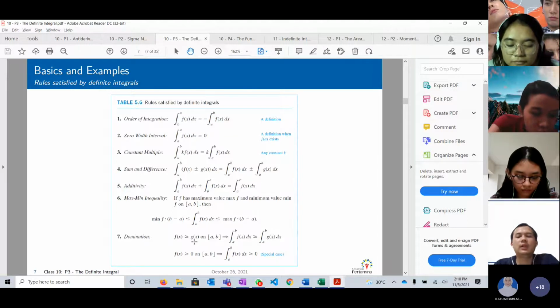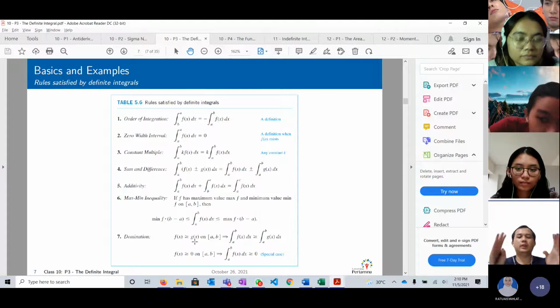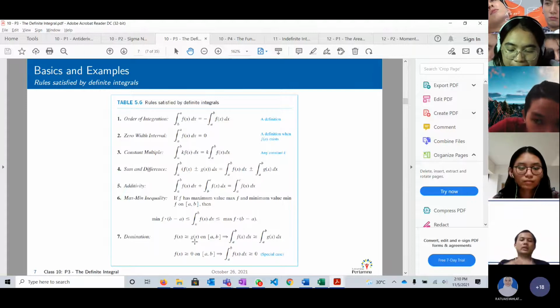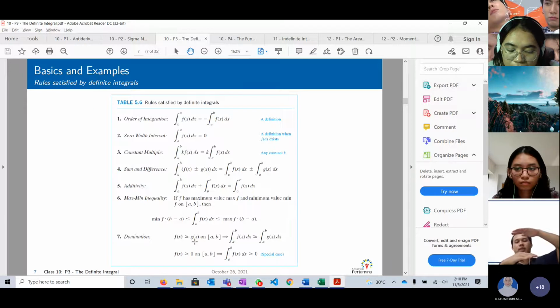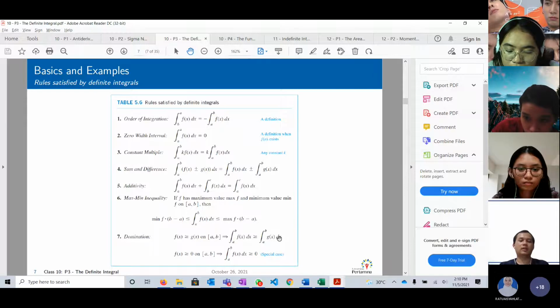For example, if on the interval from a to b, f is always greater than g, so let's say f is always on top of g, then if we integrate them, the sign will not change. The comparative sign is still greater than or equal to.